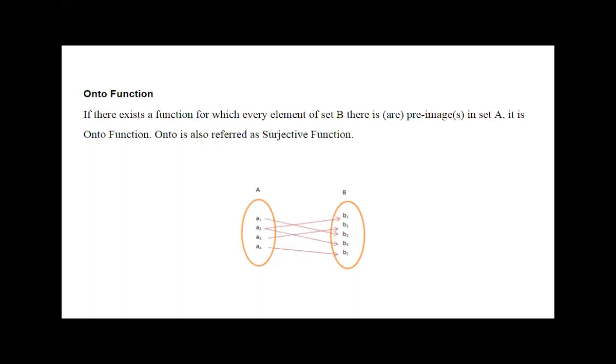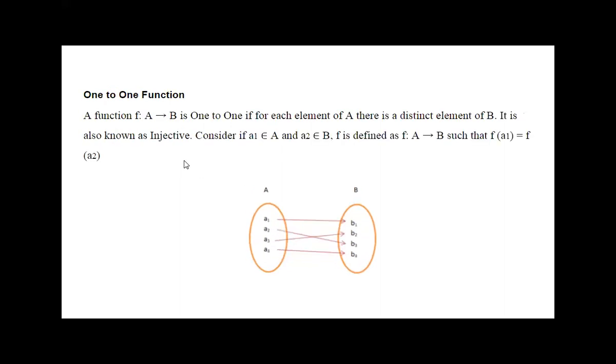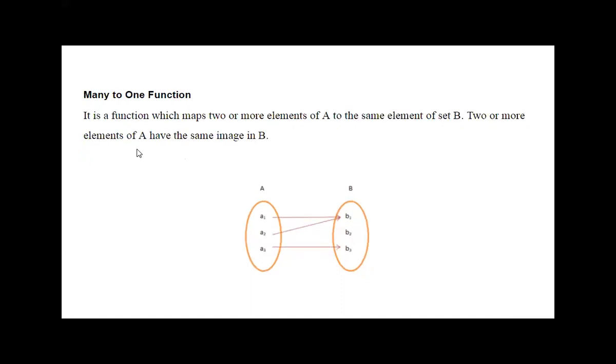Then there is the onto function. If for a function every element of set B has a pre-image in set A, it is an onto function. Onto is referred to as surjective function, and one to one function was injective function.